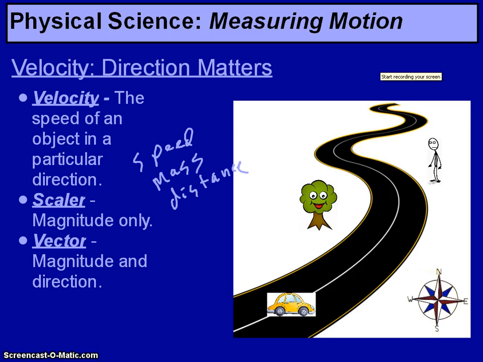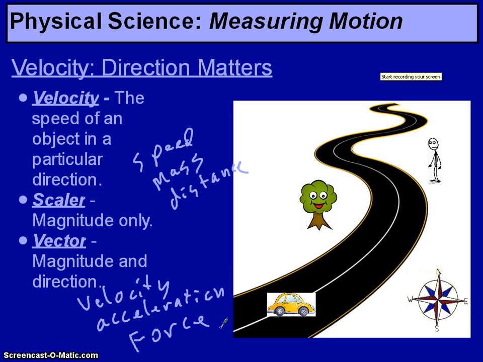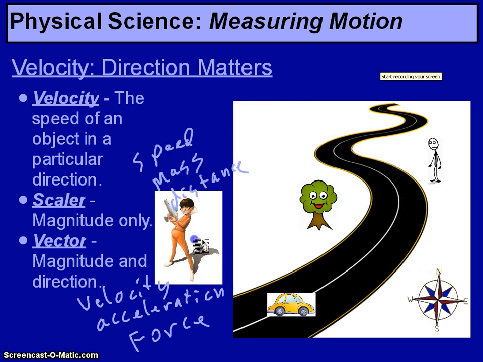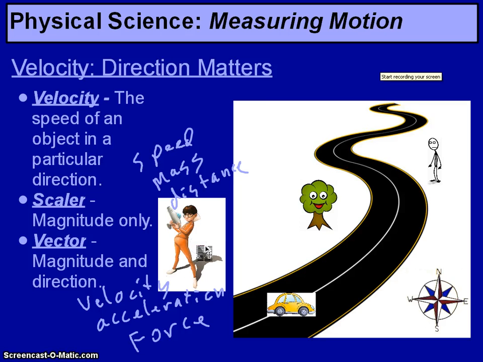Now, in this case, we're talking about velocity, acceleration, and force. So just kind of remember the two quantities. A velocity is going to be a vector quantity, which includes, let's see, get my little vector up there. The vector quantity is going to include your magnitude and direction.